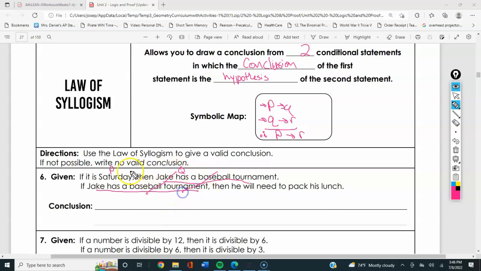So that means I can go from here to here. I can cut out the middleman in a way. I can combine these two statements into one and make it so it says, if it's Saturday, then he'll have to pack his lunch. Sorry guys, my pen is actually dying. So your conclusion should be, if it's Saturday, then he will pack his lunch.